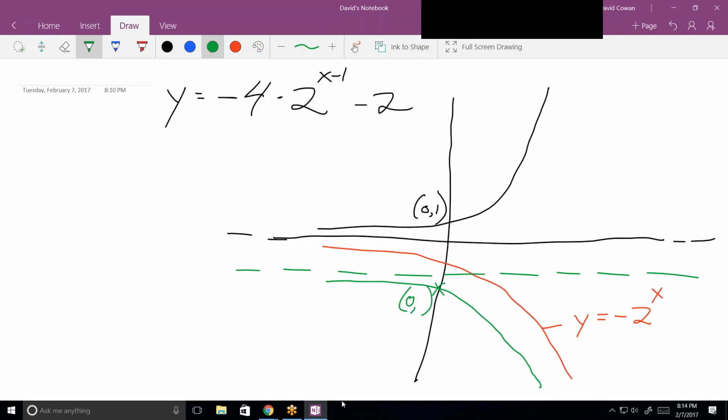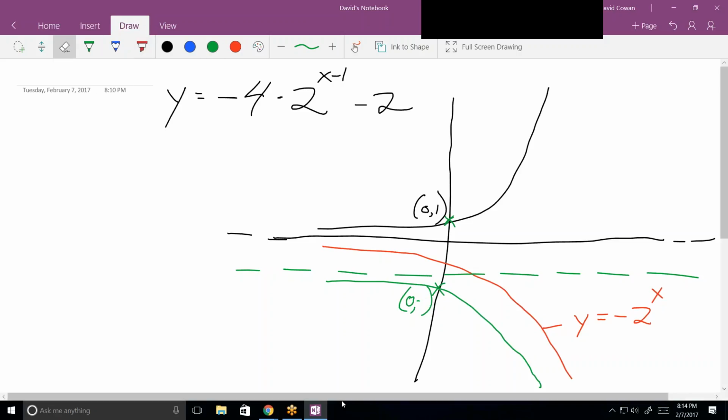Uh-huh. Well, we need a point. Our key point in the original graph is that key point right there. So we want to move that point around. And all I've done is reflect it and drop it down 2. So this has got to be (0, -2). Excuse me.